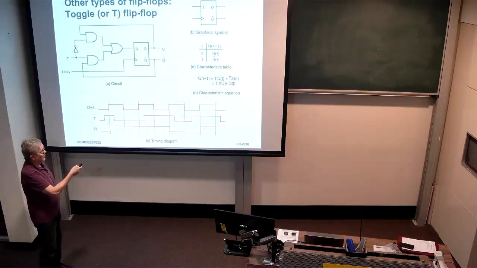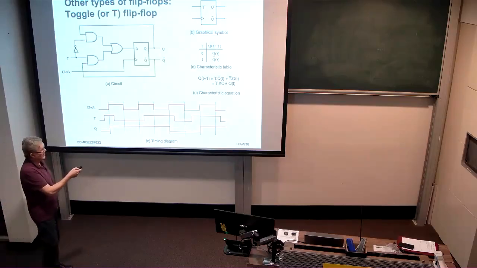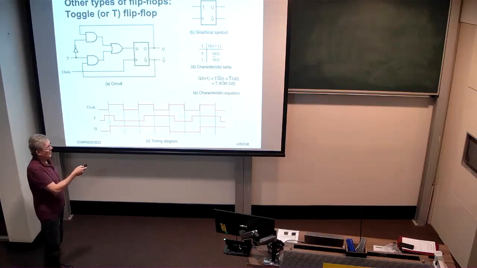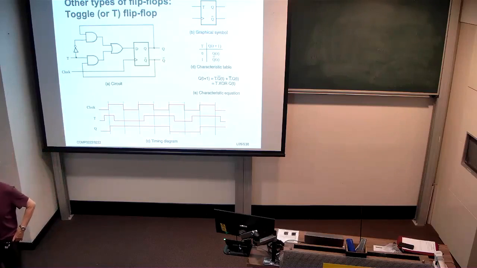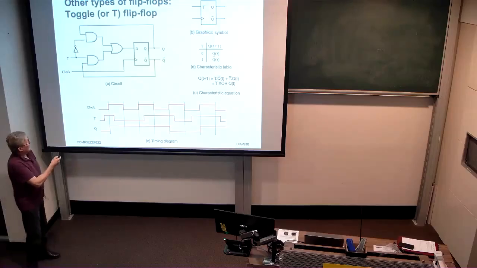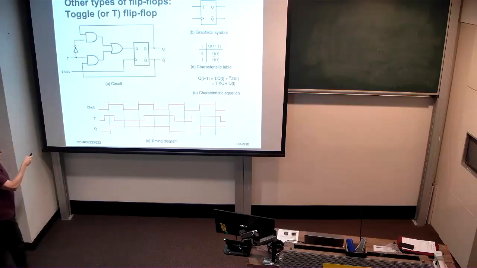When the T input is 0, the present state is maintained. And when the T input is 1, on the next clock edge, the output of the flip-flop changes to the complement of the current state. How does that work? Well, it works by virtue of the circuitry that we have outside of the D-type flip-flop, as illustrated here.